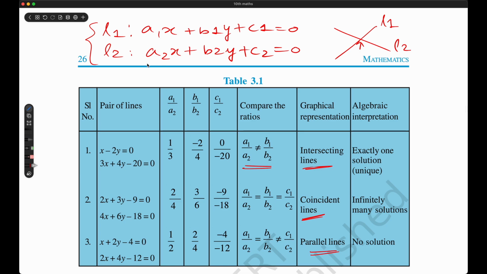The coefficients are a1, a2, b1, b2 and c1, c2 for lines L1 and L2.